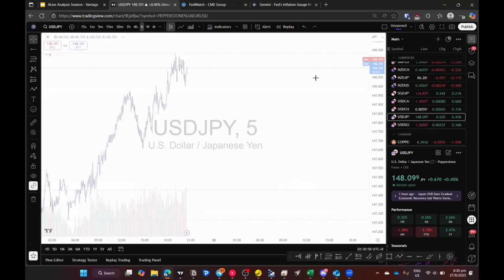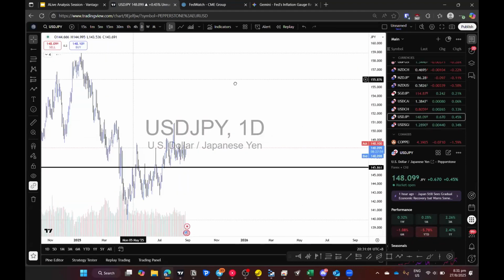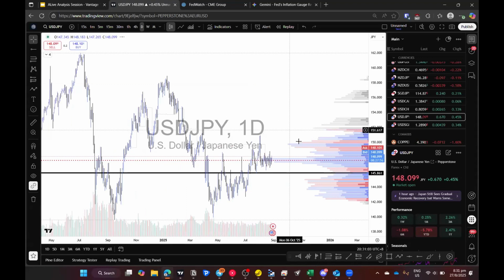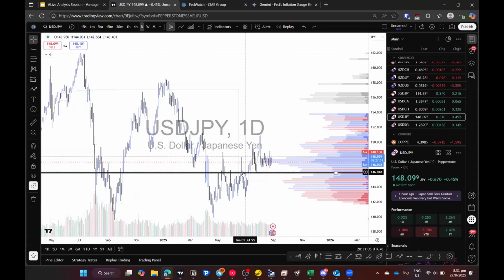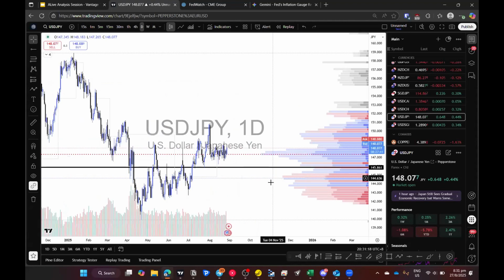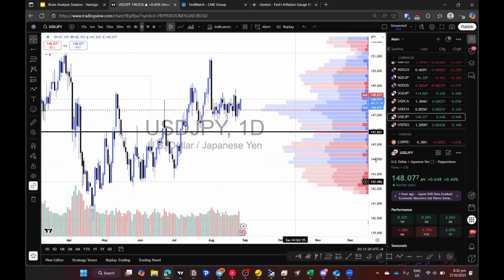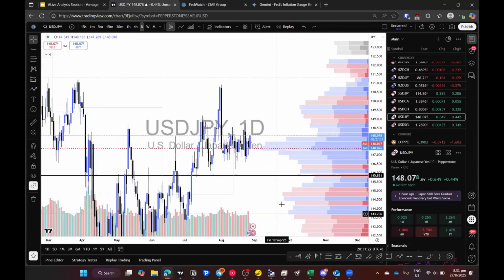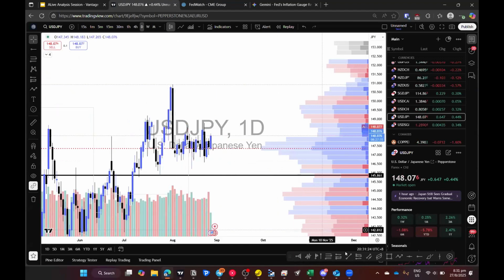Okay, so interestingly, macro-wise, for the dollar, we're looking for it to weaken. Dollar yen has weakened quite a bit at the start of this year, and then it's trying to make its comeback. Okay, so ideally, this high here.